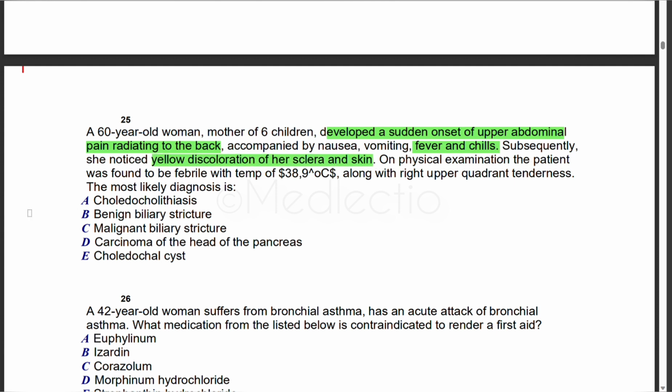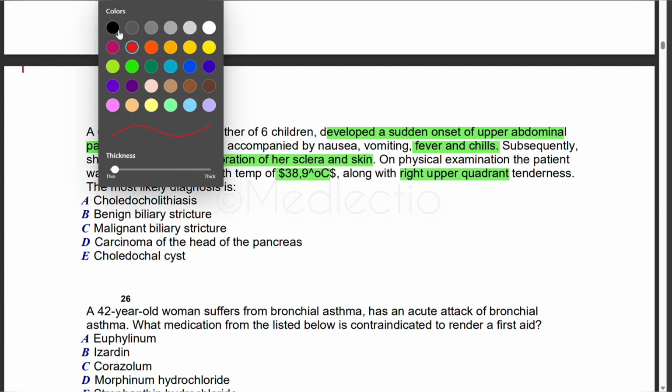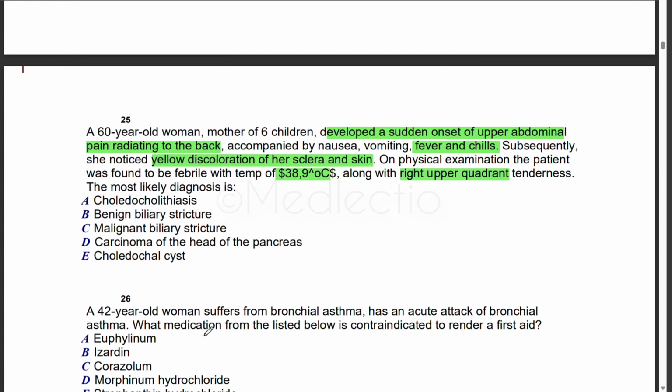On physical examination, the patient was febrile with a temperature of 38, along with right upper quadrant tenderness. In carcinoma of the head of the pancreas, we don't get right upper quadrant tenderness. Now we have choledocholithiasis, choledochal cyst, and benign biliary stricture or malignant biliary stricture.